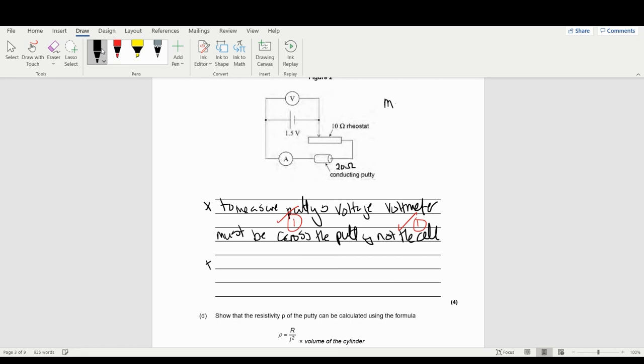So the maximum resistance is going to be 30 ohms, and the minimum resistance is going to be 10 ohms, which means that the maximum current you're going to read is going to be 0.15 amps. And the minimum current you're going to read is going to be 1.5 divided by 30, so 0.05.